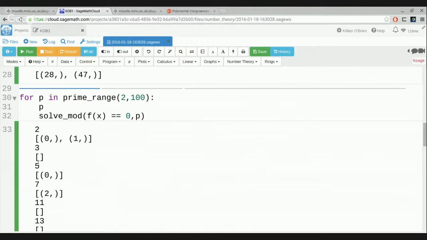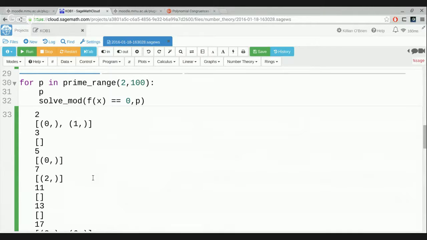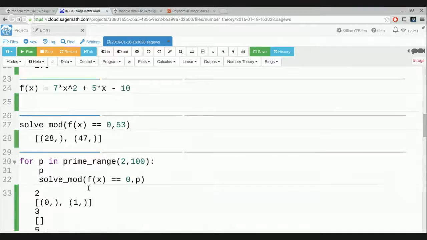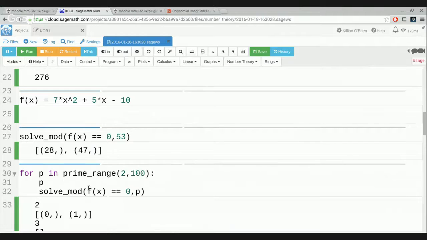So modulo 3, there's no solutions. Modulo 5, that's interesting, there's only a single solution. The prime 7 doesn't fall within the scope of the theorem, because really this thing isn't of degree 2 modulo 7.